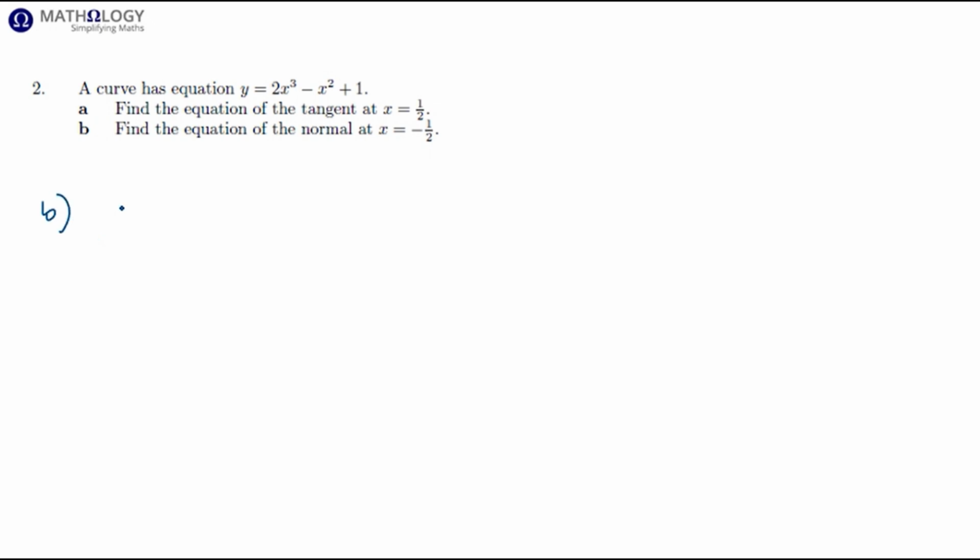Part B. To find the equation of the normal at the point where x equals minus a half, we are first going to determine the gradient of the tangent to f of x at the point where x equals minus a half. So the first thing we do now is find the point of contact.